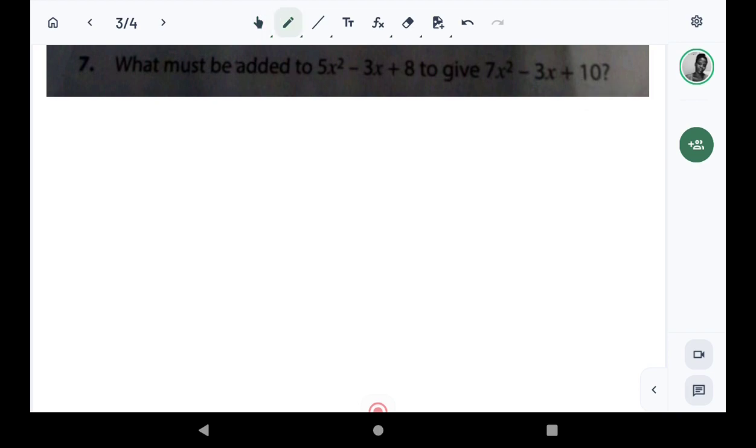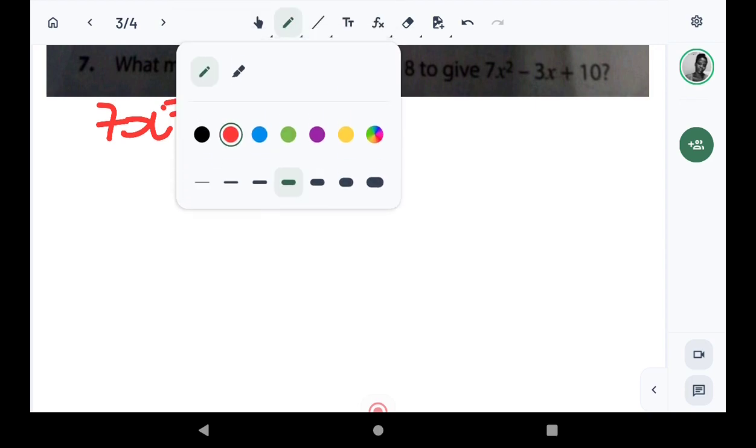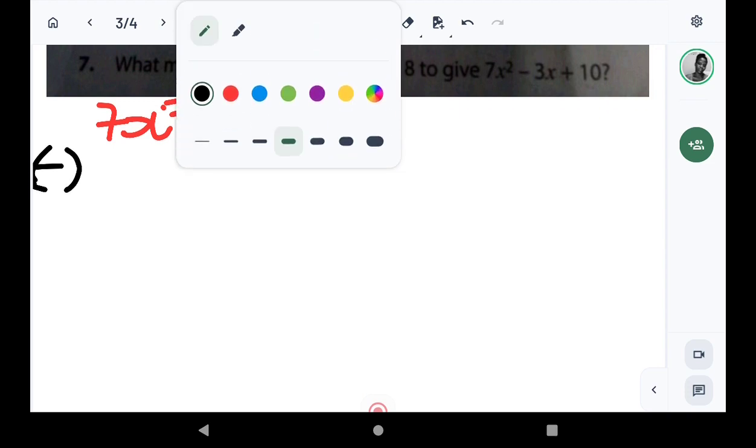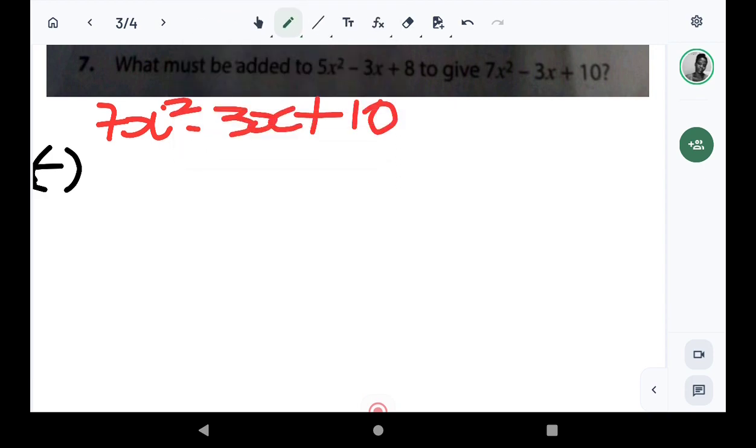So we go 7x squared minus 3x plus 10, and minus, we're subtracting, so put that in brackets so that you can apply it to every term: the expression 5x squared minus 3x plus 8.